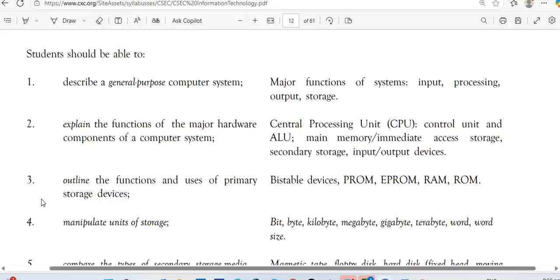So if they're asking about the relationship of the central processing unit and the main memory, it is the main memory that temporarily stores data and program instructions on the computer system. The CPU stores data in main memory for quick access.